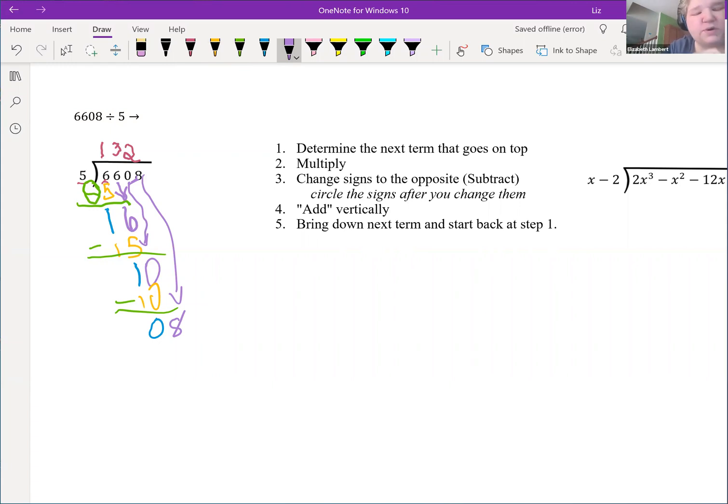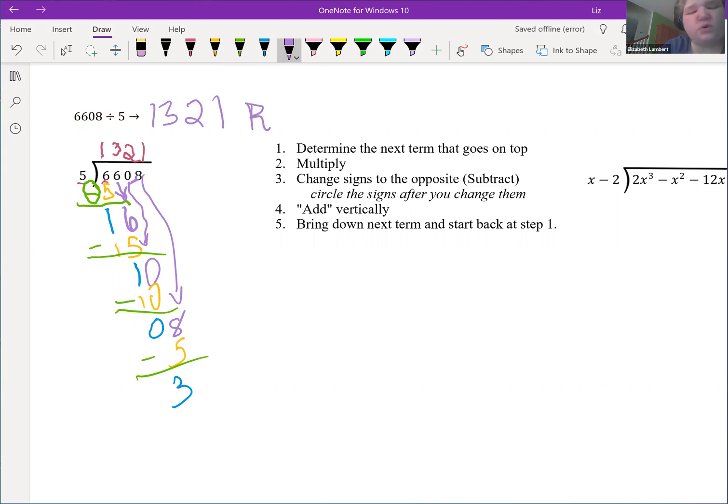And now the last one, 5 goes into 8 once. Multiply, 5, subtract, and we get 3. There is no other number to write down, so that means this last result here is what we call the remainder. So 6,608 divided by 5 is 1,321.